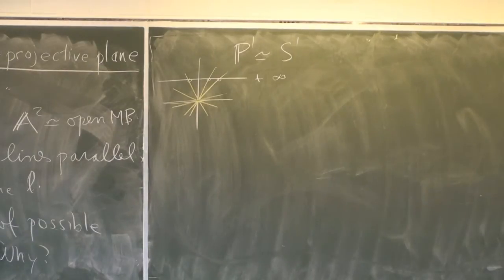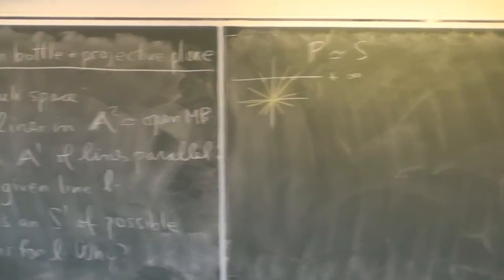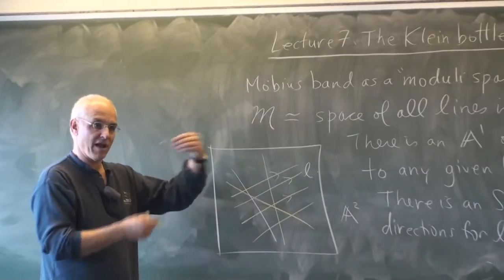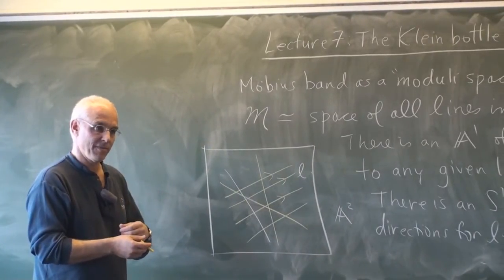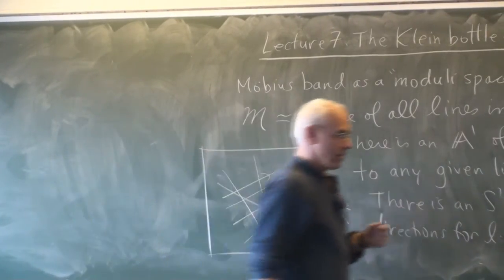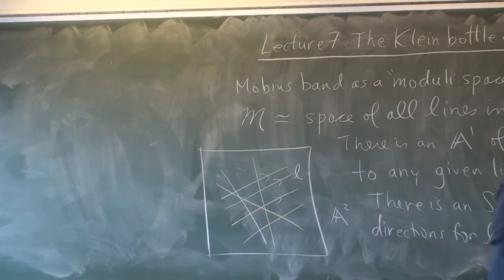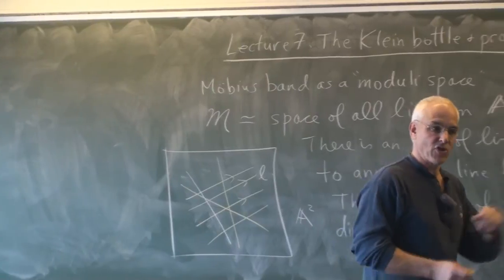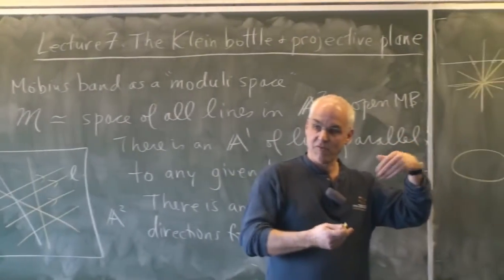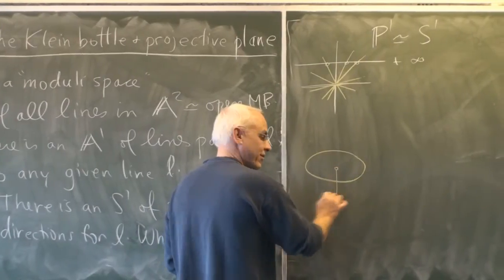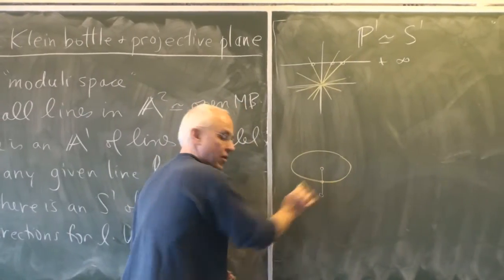So if we put these two facts together, it seems that the moduli space of all possible lines is like some kind of product between a circle and a line. For every point on a circle, we have a line of possibilities. For every direction in the circle, there's going to be a line of possible lines parallel to that direction. That's like an open interval associated to a direction.